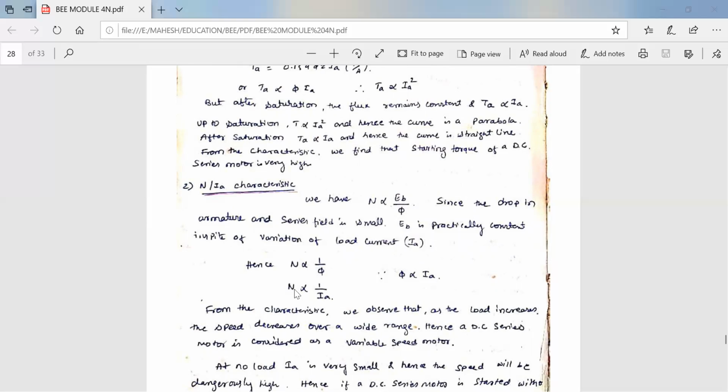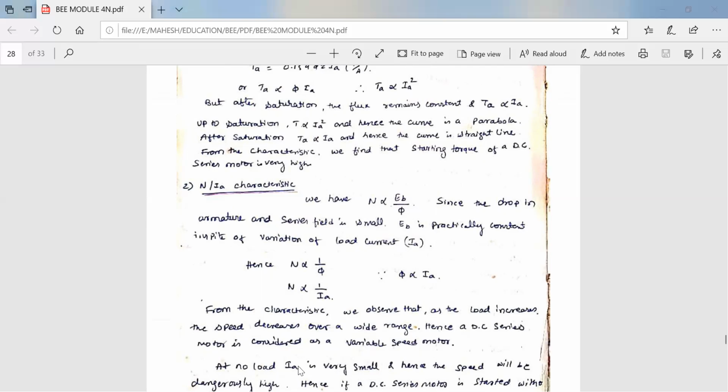So speed is inversely proportional to Ia: whenever the load increases, the current increases, and ultimately the speed will decrease. From the characteristics we can see that as the load increases the speed decreases over a wide range. Hence a DC series motor is considered a variable speed motor: as the load changes, the speed also changes.